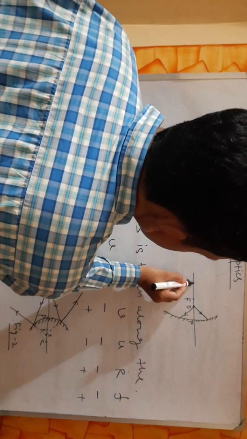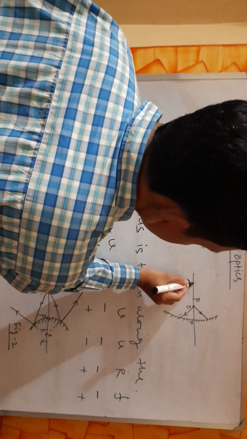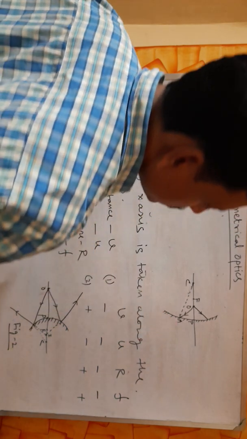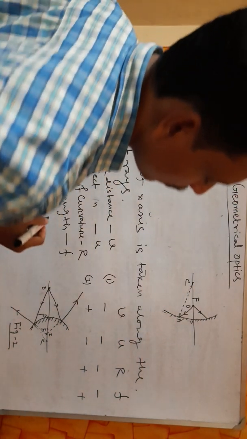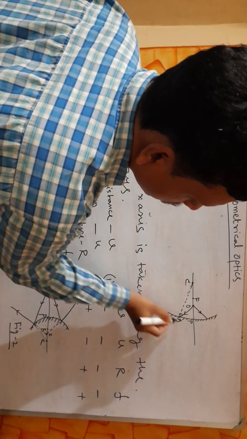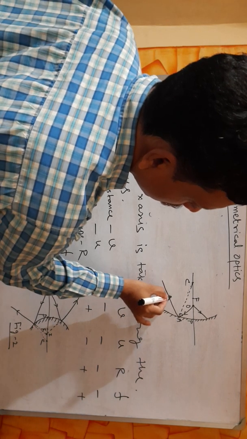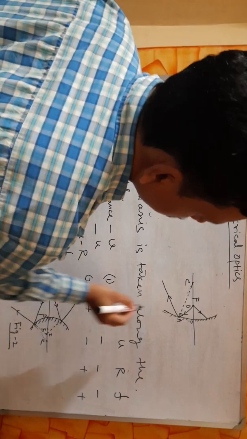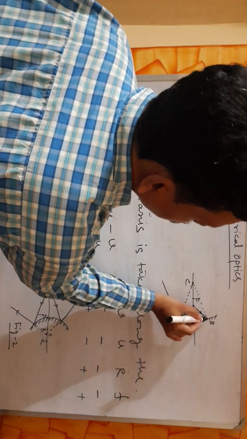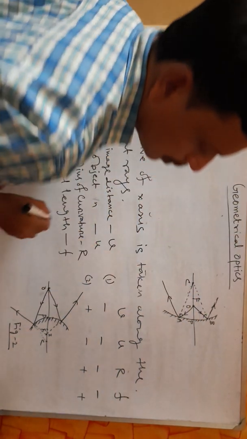The normal is the line joining C to A, the point of incidence, then the incident angle and the reflected angle are equal. Similarly at the point B, the reflected rays diverge.